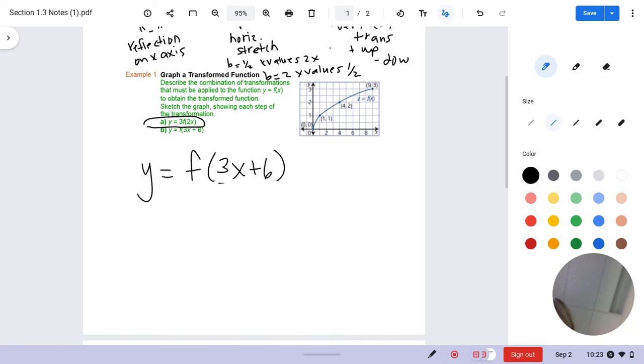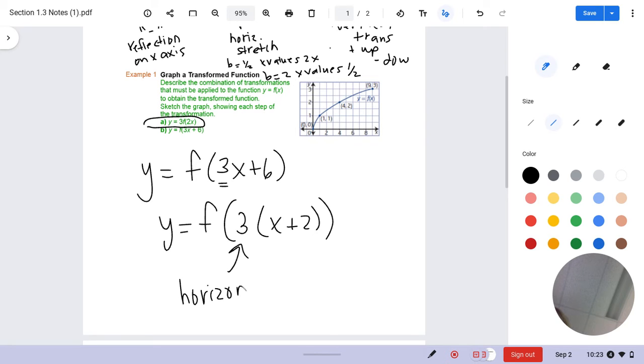The problem with this is we have a 3 directly in front of the 6. So we need to divide that out first. So I'm going to divide out by 3, which leaves me with 3 on the outside, x plus 2 in my inner bracket.